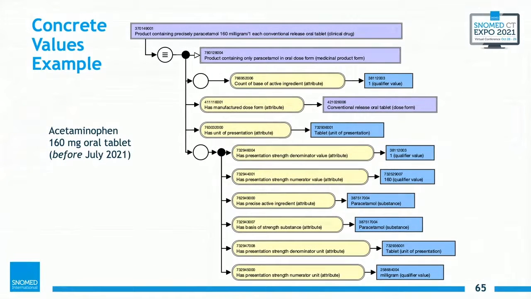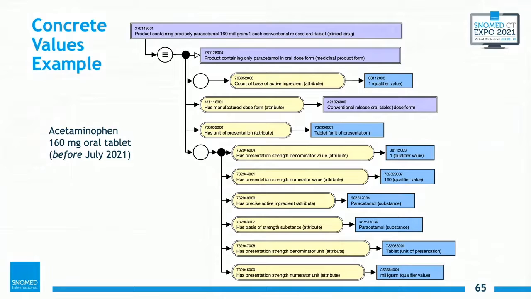With the July 2021 release, SNOMED International has enhanced SNOMED CT by adding the capability to express concrete domain values. This enhancement will initially target improvements to the pharmaceutical biologic product hierarchy.